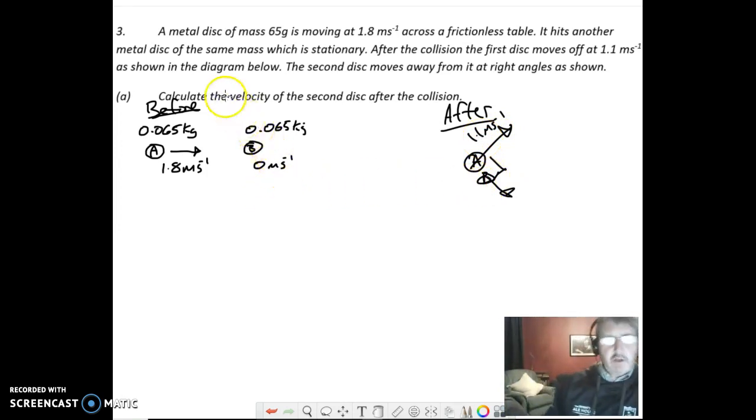And the question asks us, can we find the velocity of B, of the second disc, after the collision? Now there's one underlying key concept to this whole problem, and it's what makes it reasonably tricky.